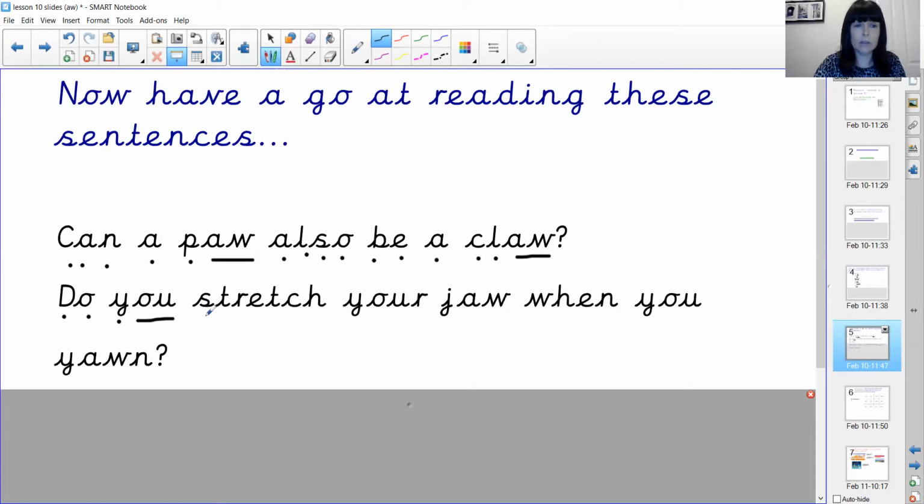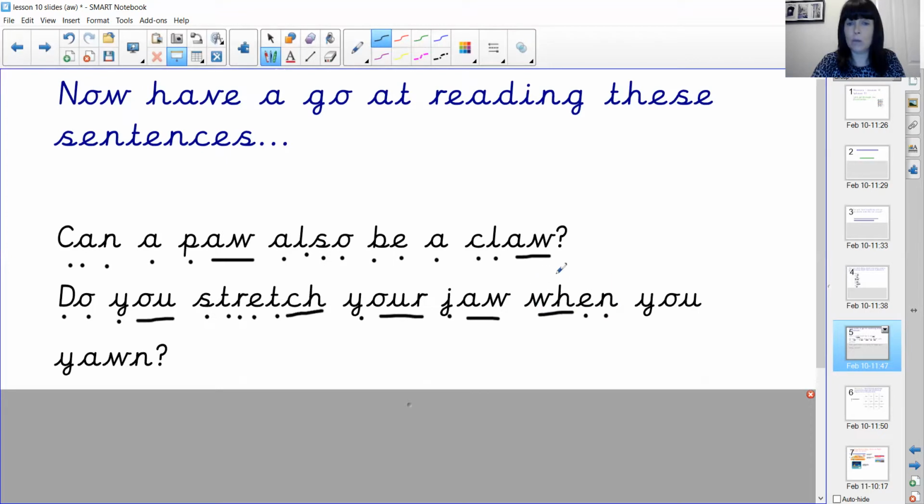Do you, oh, that's a really hard word to sound out, isn't it? Stretch. Oh, do you stretch your, again, another tricky word, testing you today, or jaw, when.